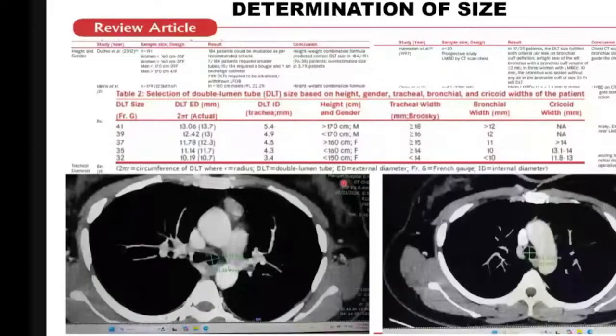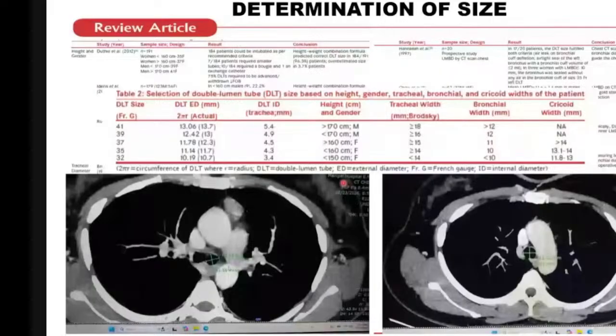This is placed left sided, and then till we get the resistance, we push the tube. Depth of insertion is usually 12 plus patient height.